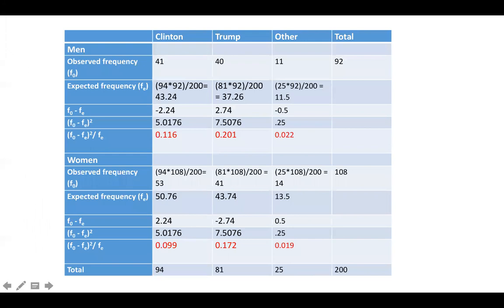Now I want to go back up for a second because here's a commonly occurring mistake that people make. So you might have this cross tabulation table here, and you have your row for men, your row for women, your row for total. And then you have a column for Clinton, column for Trump, column for other, column for total. This column for total and row for total do not count towards the degrees of freedom.